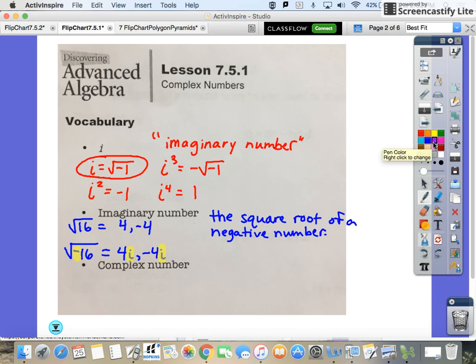The last term is complex number. So a complex number is a number that has two parts, both a real and an imaginary part. So this is a combination of a real and imaginary number.